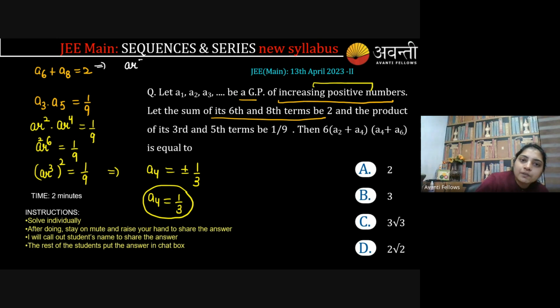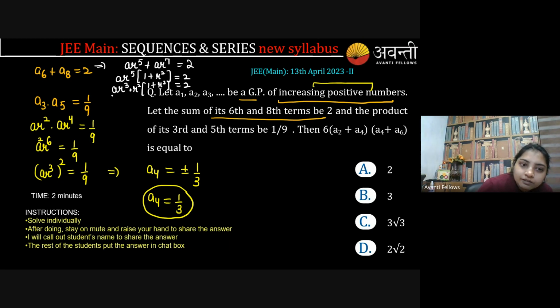A r raised to power 5 plus A r raised to power 7 is equals to 2. I can rewrite, A r raised to power 5 is common, so 1 plus r square must be equals to 2. Can I find it as A r cube into r square, into 1 plus r square equals to 2?